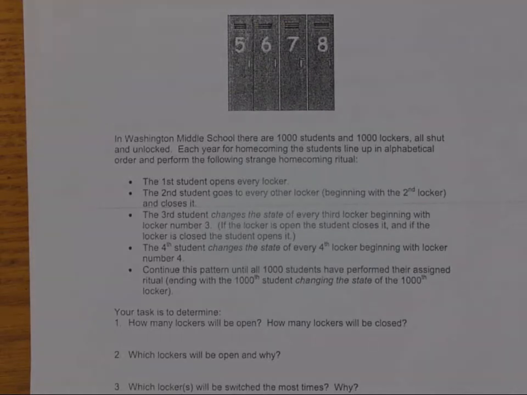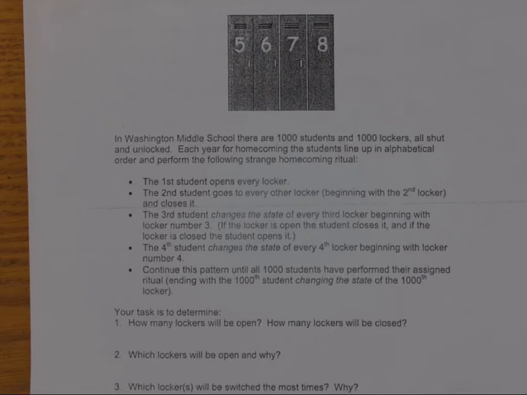Number 2, the second student goes through and closes every other locker. So they close the second one, the fourth one, the sixth one, and so on. The third student goes through and changes the state of every third locker, beginning with number 3.